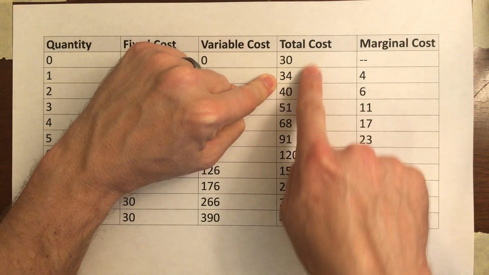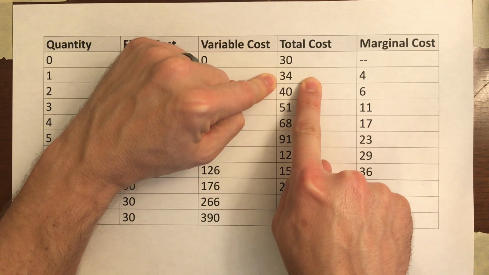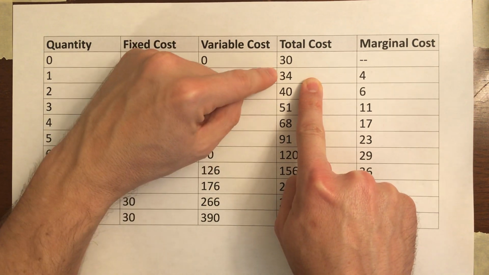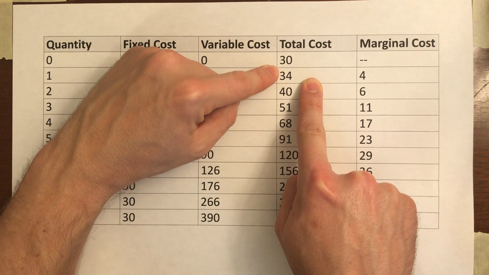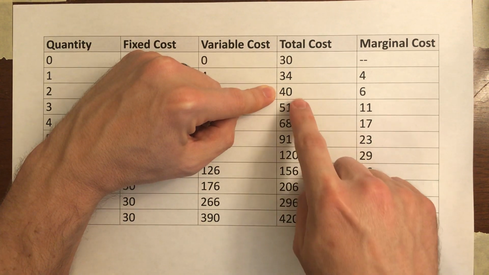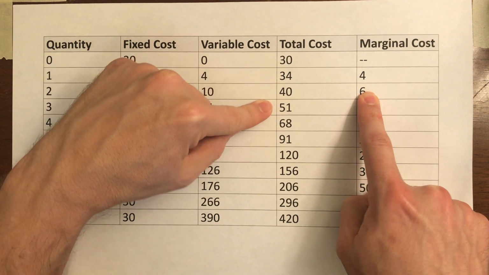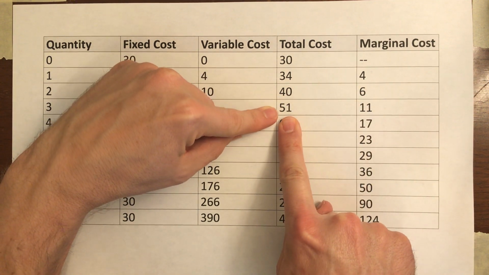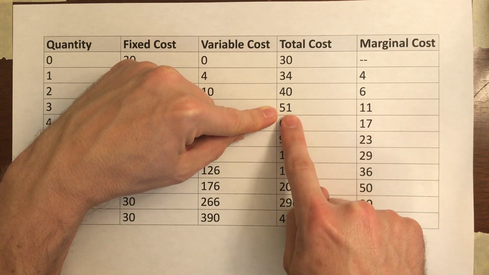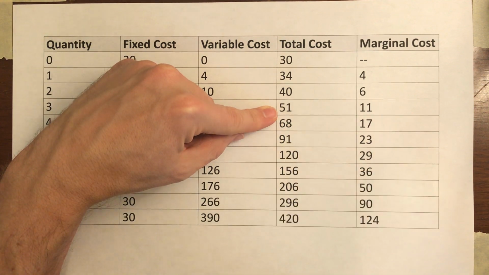Marginal cost is going to be those extra $4 that it costs you to produce that first unit. When you produce the second unit and your total cost goes from 34 to 40, your marginal cost is the difference between those two costs right there. It's $6. You go from 40 to 51 in your total cost, your marginal cost is going to be $11, the difference between those two costs.